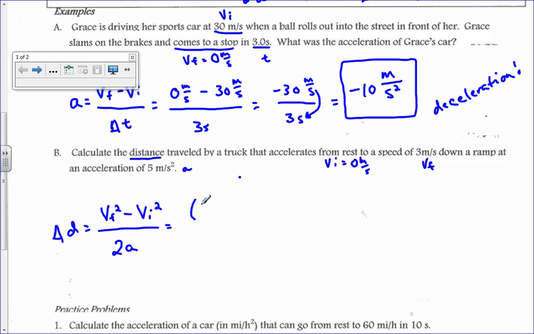So we have 3 meters per second squared minus 0 meters per second squared, which is going to end up being 0, right? So we can just toss that one out, over 2 times 5 meters per second squared.